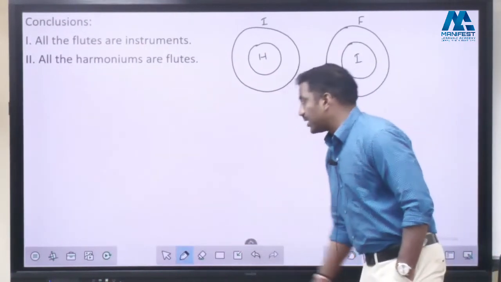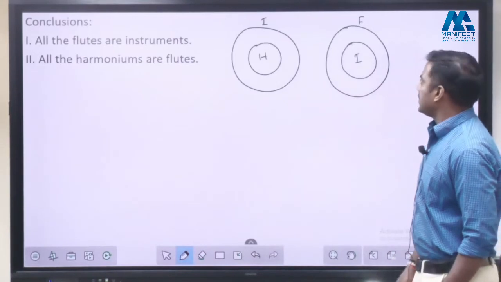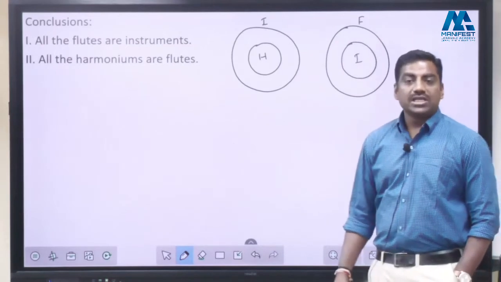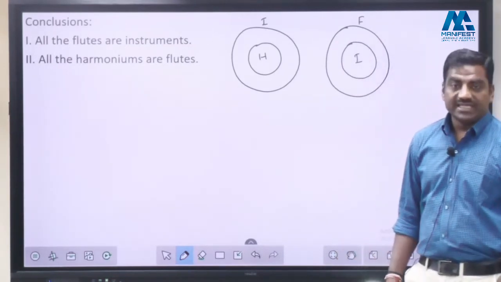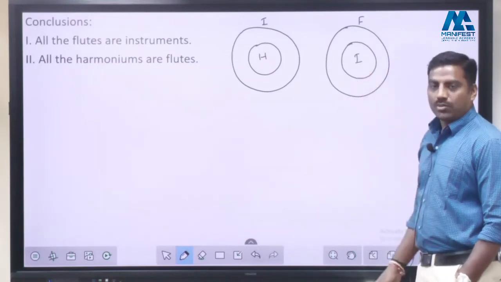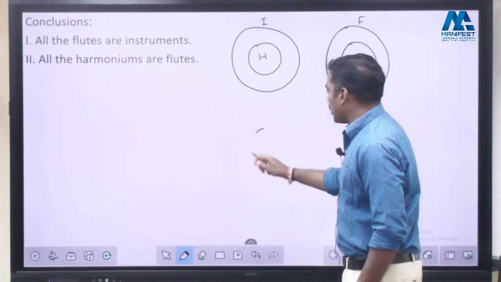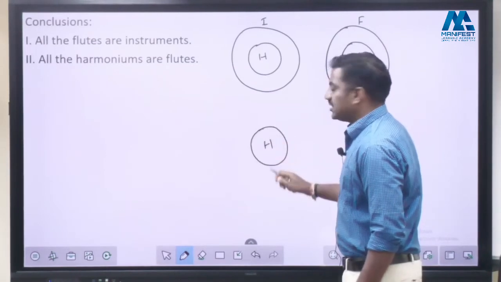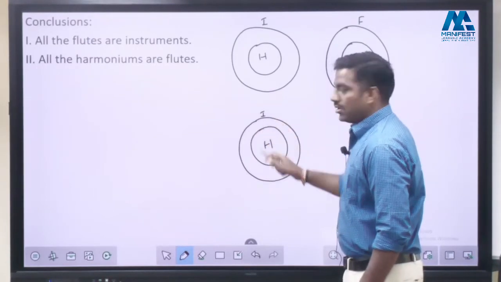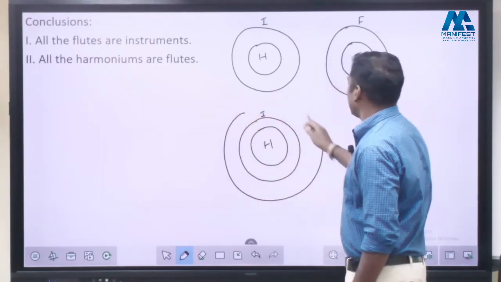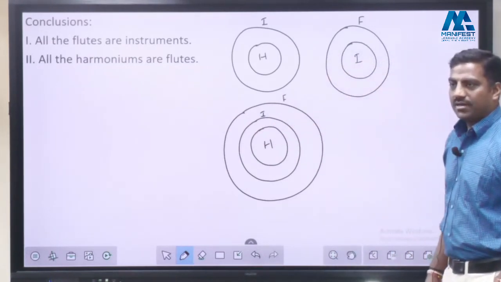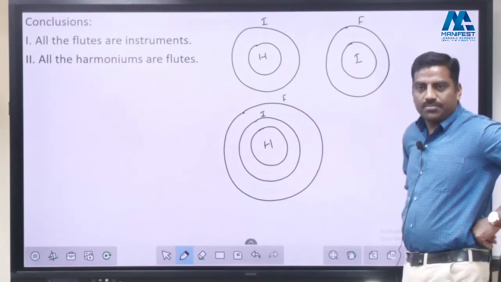In what all ways can you club? Now you have the relation only between I and H, and F and I. You don't have any logical connection between F and H, yes or no? So the circle of I is common for both. So one way of writing it is what? H, above that I, then above that F. Correct?